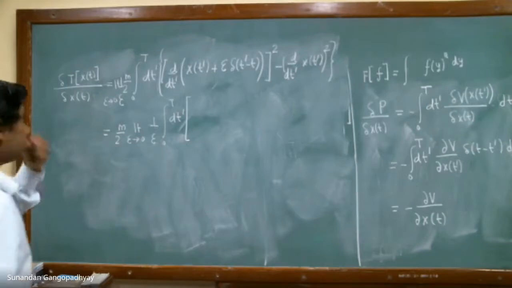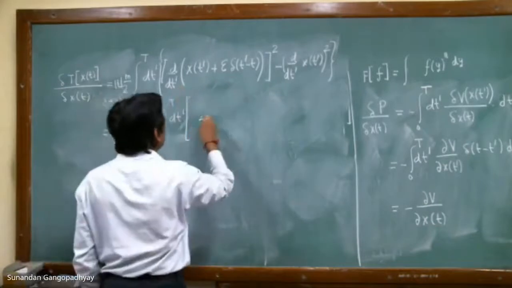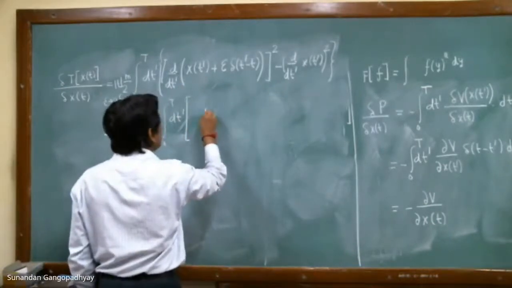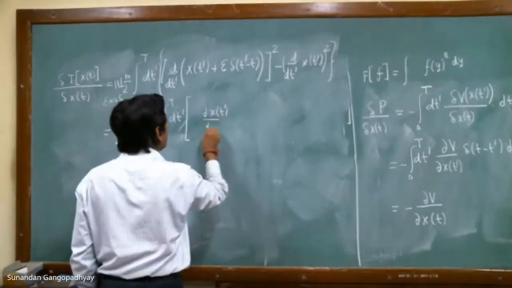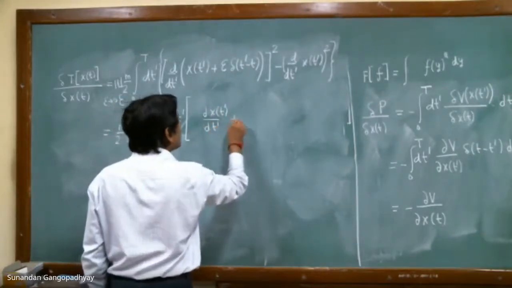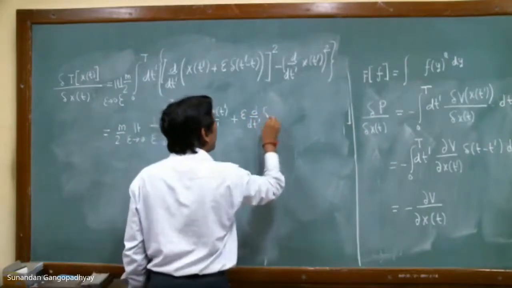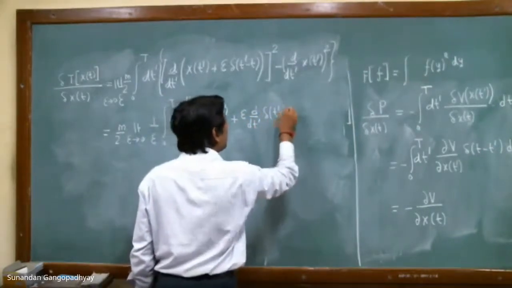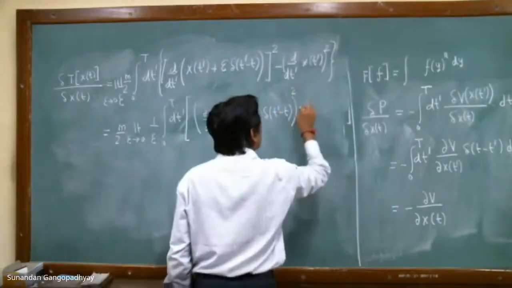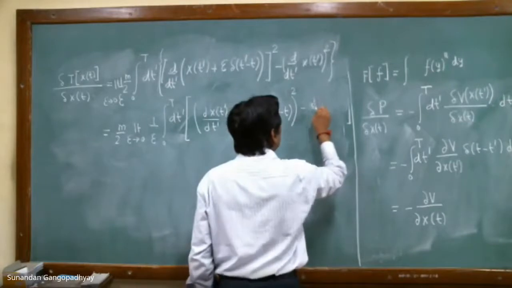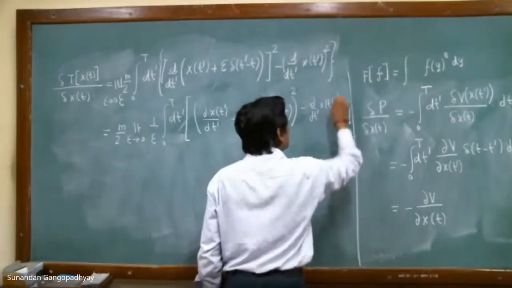Okay, so now this term will become what? This is basically dx(t prime) dt prime plus epsilon d dt prime of delta(t prime minus t) whole square minus dt prime x(t prime) square.